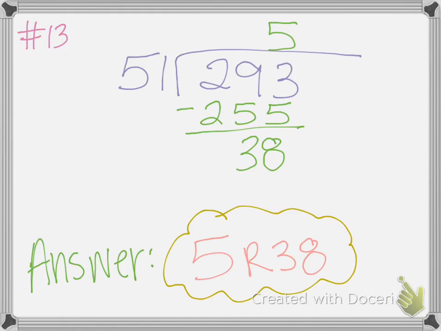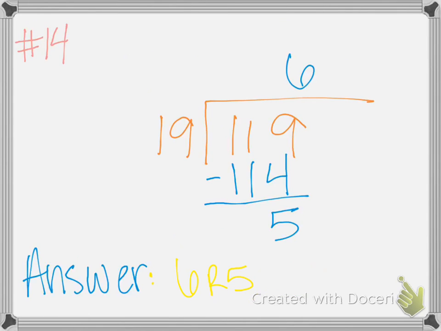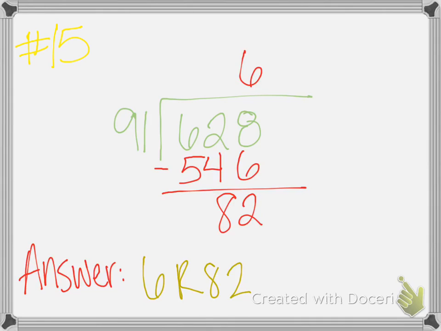And here's my work. You can pause this video and go ahead and check it. Especially if you got it wrong, check to see where you went wrong. 14, your answer should be 6 remainder 5. There's my work for that one. And for number 15, the answer you should have got is 6 remainder 82.